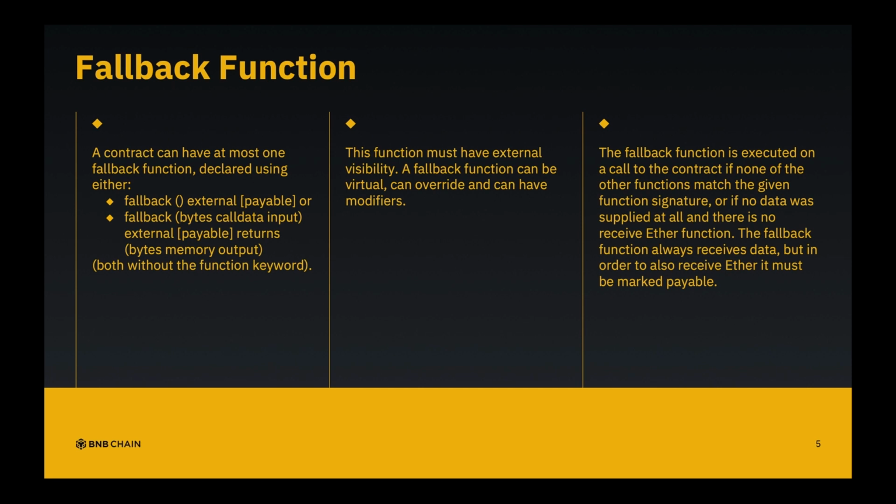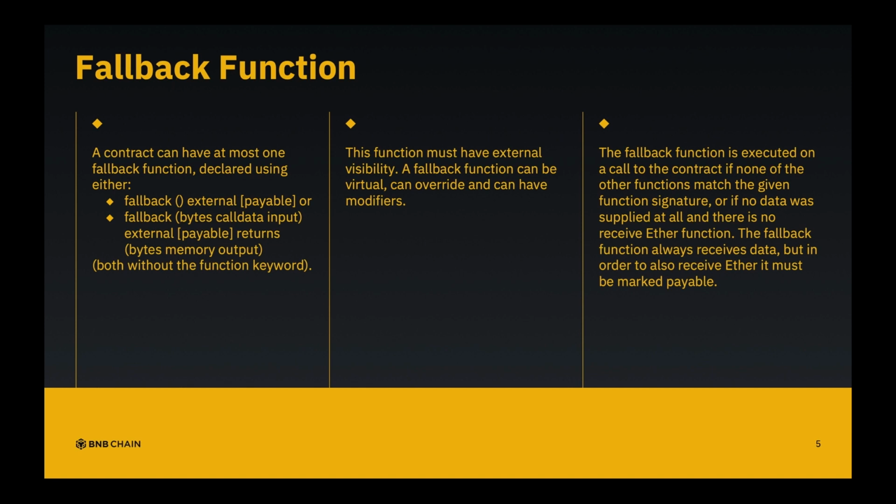A fallback function can be virtual, can override, and can have modifiers. Virtual and override we're about to talk about when we talk about inheritance. The fallback function is executed on a call to the contract if none of the other functions match the given function signature, or if no data was supplied at all and there is no receive ether function.